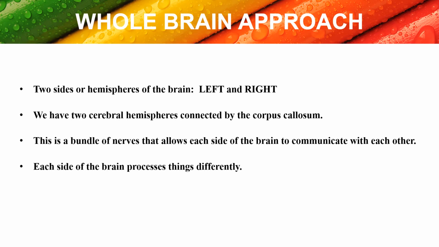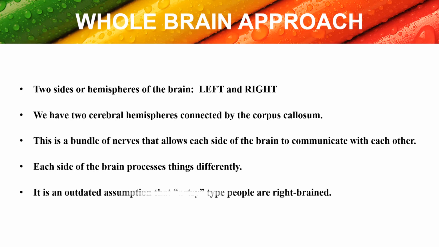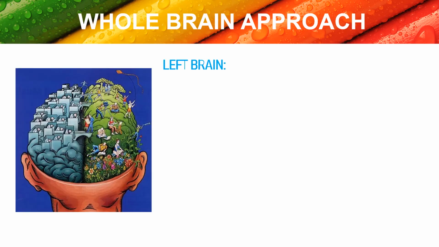The processes carried out in each hemisphere are different from the other side. We'll also learn that the myth that right brain persons are artsy in nature is completely outdated, and a false assumption. We'll see the working of both hemispheres of the brain.